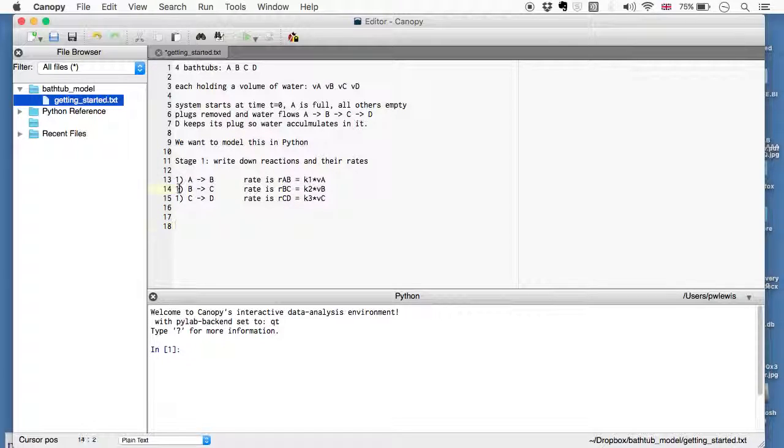Okay, reaction 1, reaction 2, reaction 3, or process 1, 2 and 3. So maybe I'll call this processes.